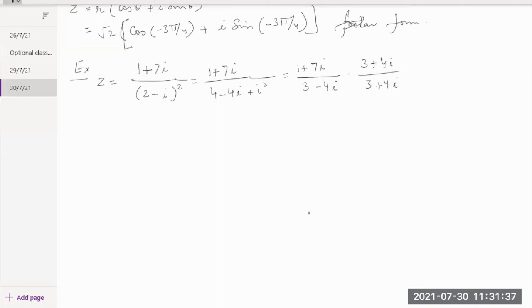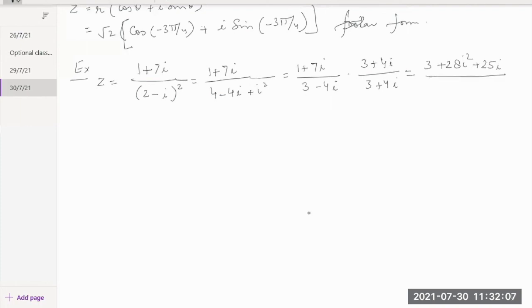Now, this is going to finally give me, again, I'm not showing you the multiplication steps, directly writing it. I will have 3 ones are 3, then plus 28i square, plus I will have 21 and 4, 25i, plus 25i upon.